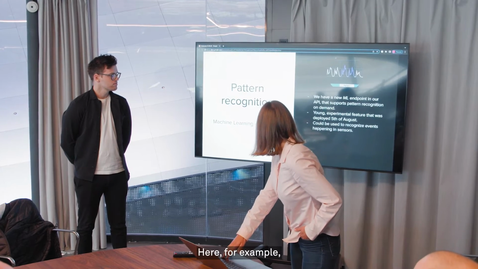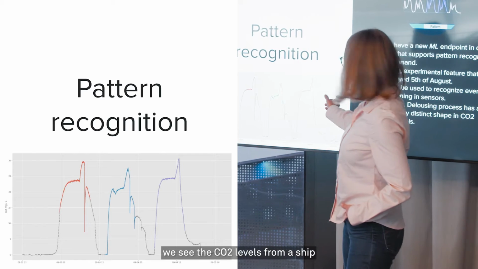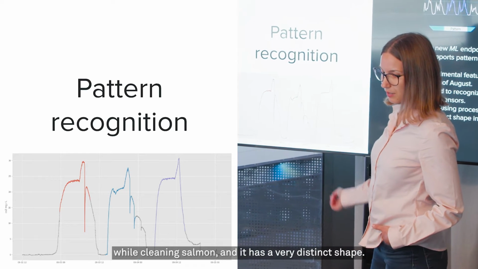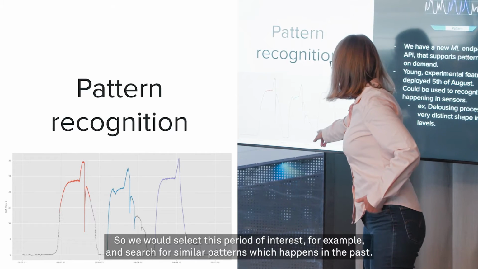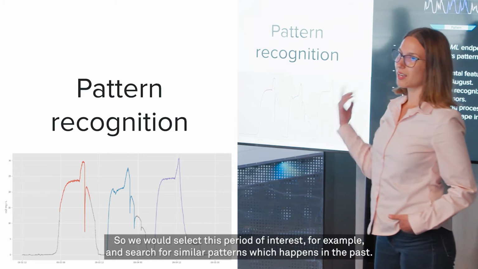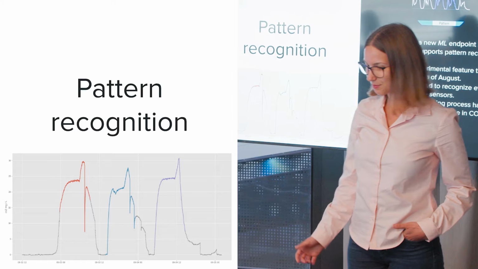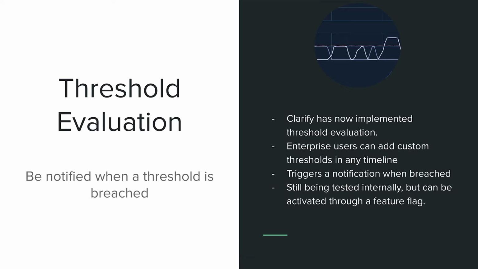Here, for example, we see the CO2 levels from a ship while cleaning salmon, and it has a very distinct shape. So we would select this period of interest, for example, and search for similar patterns which happened in the past.